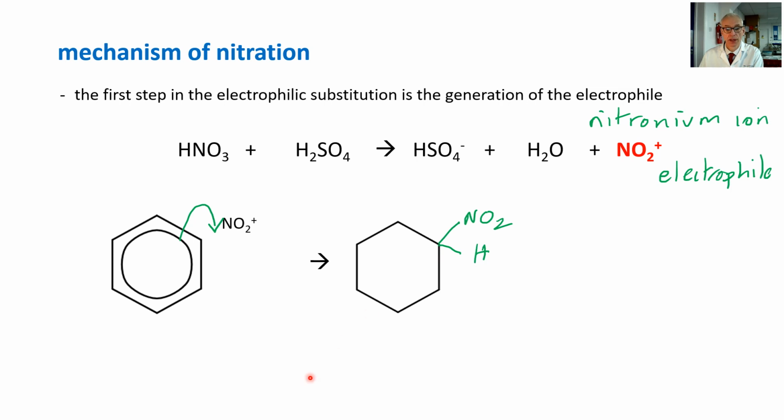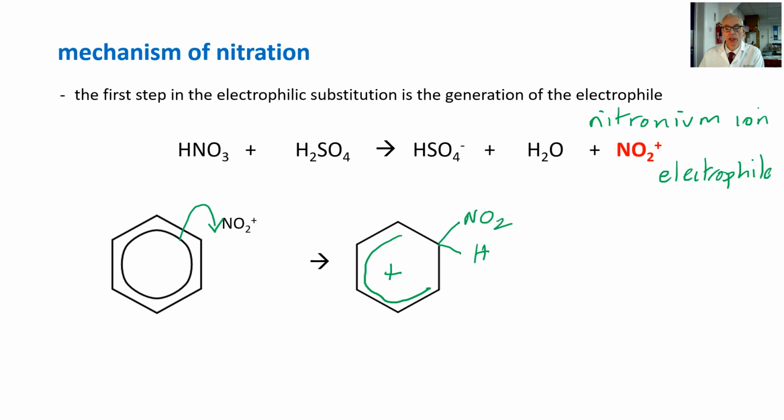So instead of a complete circle, I now have an incomplete delocalized ring of electrons, which has lost some electron density, so it's now positively charged.